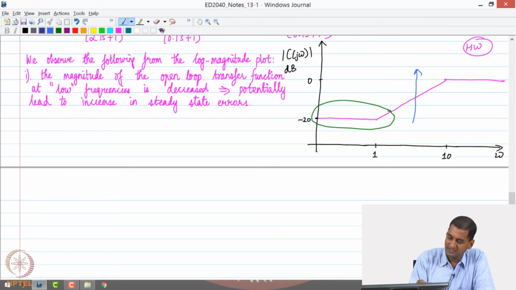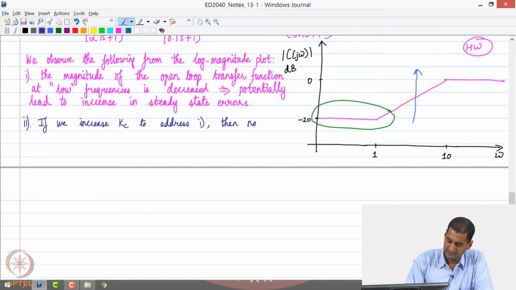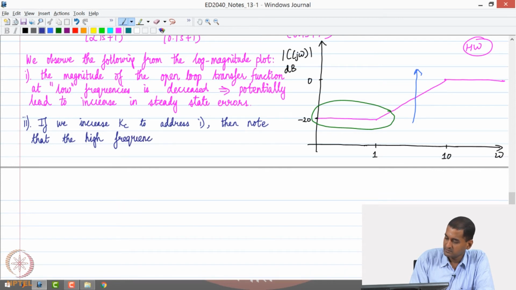So, we can immediately note that the second observation is that if we increase Kc to address the first point, then note that the high frequency components would be amplified.